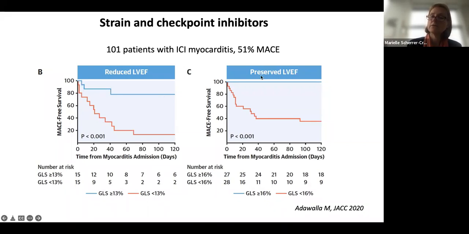And then in preserved EF, that's where maybe the main role would be. But you can see that patients with lower strain, less than 16%, would have a decreased MACE-free survival.